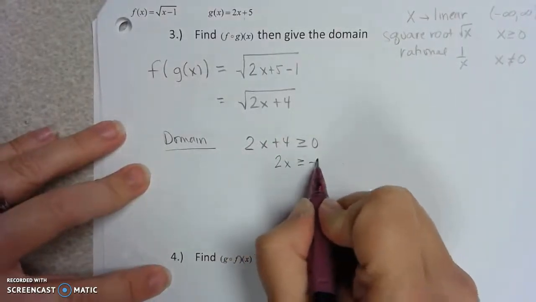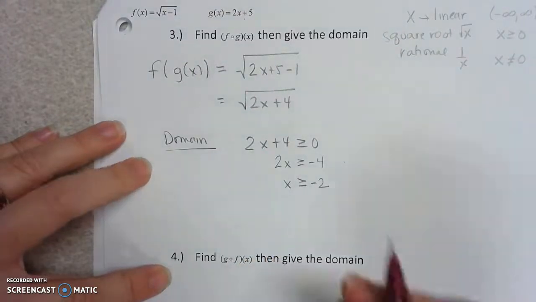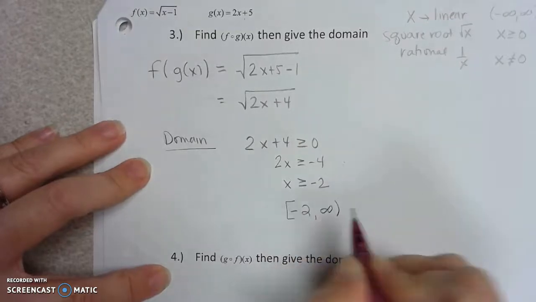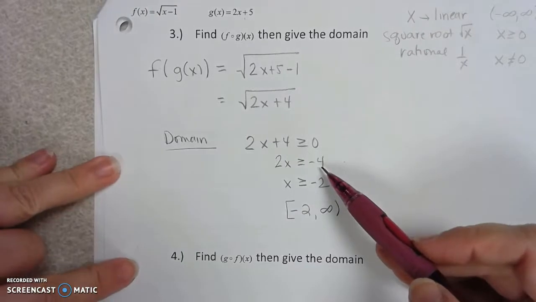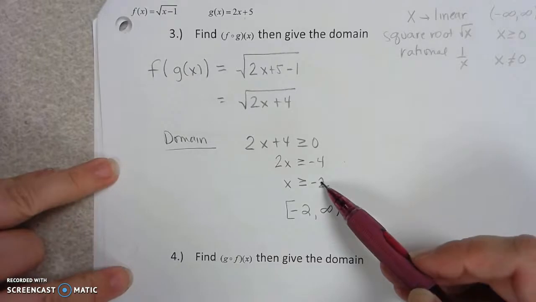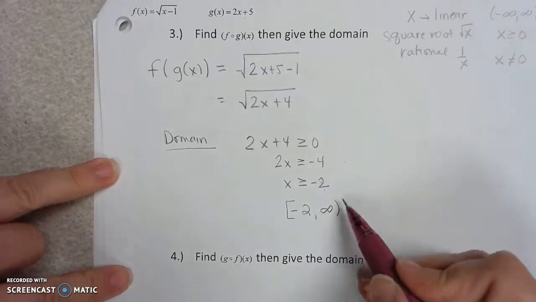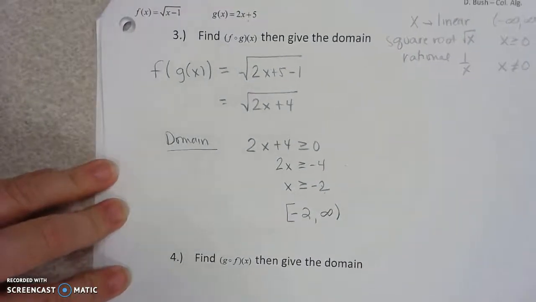And when I solve, I'll get x is greater than or equal to negative 2, which could be written negative 2 to infinity. So either way, I took what was under the radical sign, solved for x by subtracting 4 from both sides, then dividing both sides by 2. That gave me x is greater than or equal to negative 2, and I can write the answer in either of these ways.